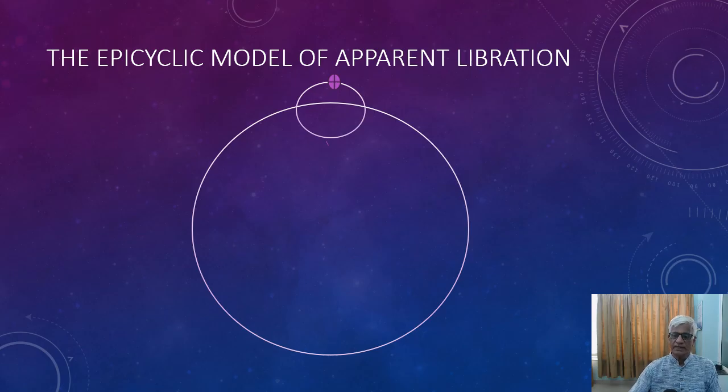These types of epicycles are used for calculating the planetary positions and also to explain their retrograde motions.